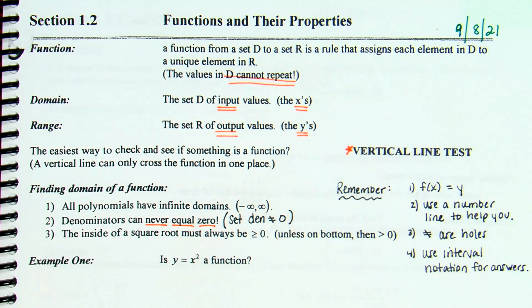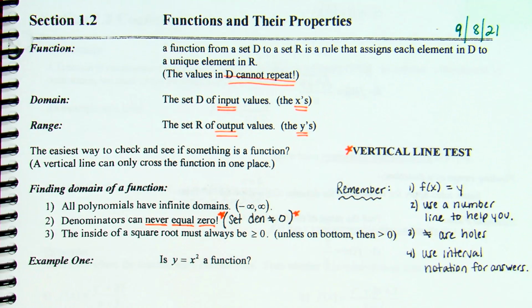And then the other thing, square roots. What do we know about a square root? You can only take the square root of what type of numbers? Positive, right? At least when we're working in the real number system, and unless you're told otherwise, you assume we're working in the real numbers.